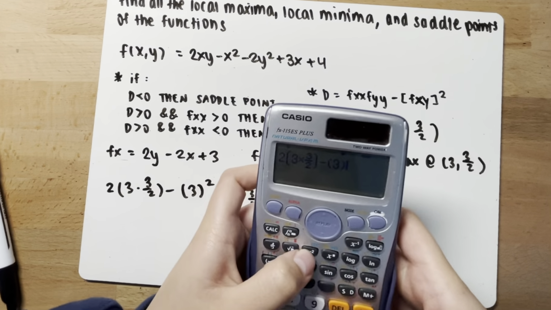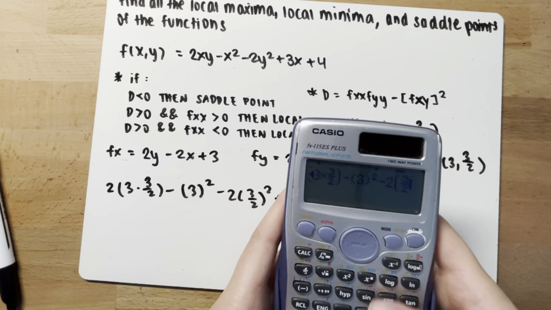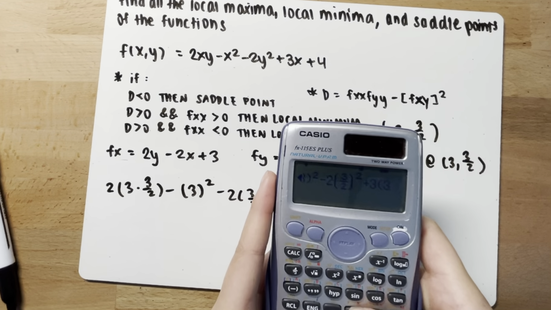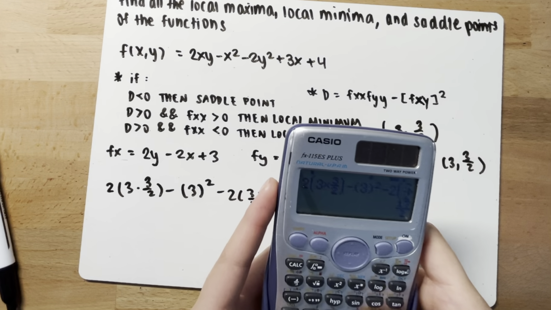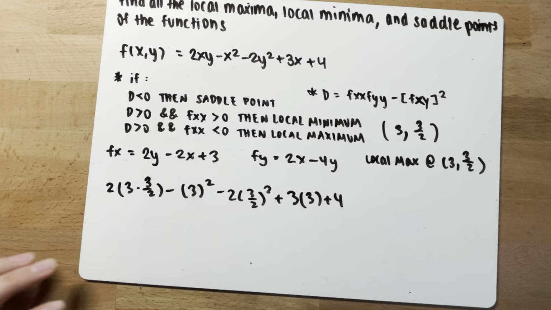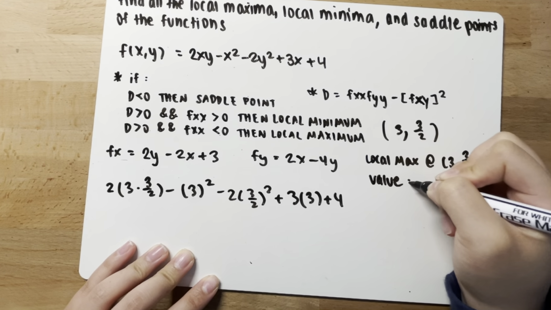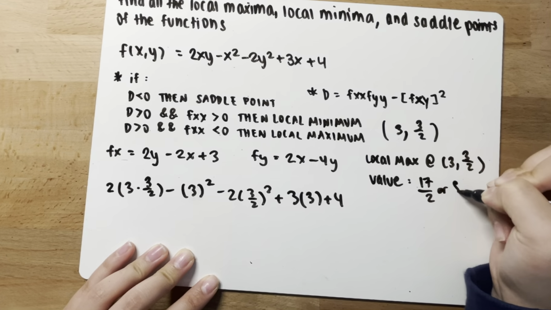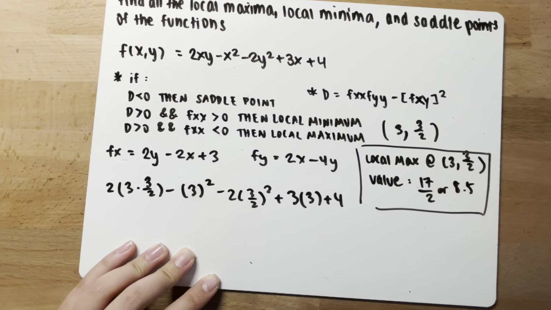You have 17 over 2, which is 8.5. So the value will be 17 over 2 or 8.5. This is your answer.